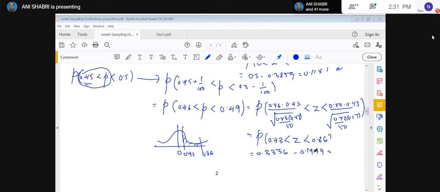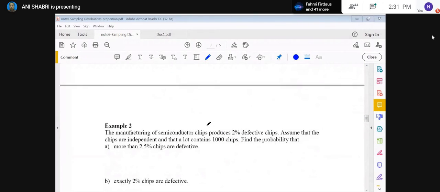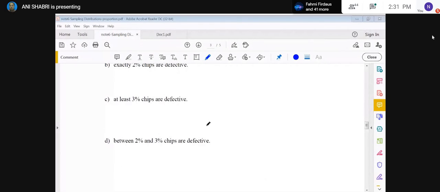Okay, 1387, 0.1387. Dah begini, try this one example 2. Ni tak nak between, from kita between dah kita bincang ni from.